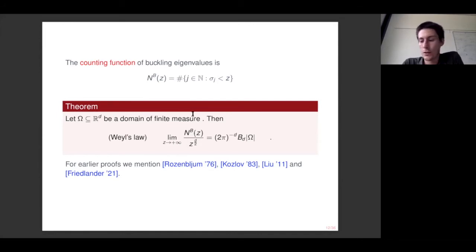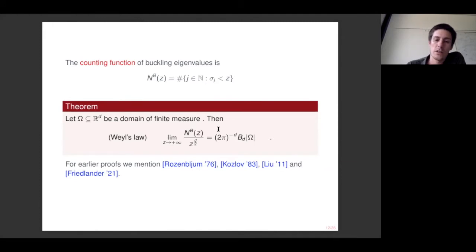And so our aim is first to provide lower and upper bounds for Riesz means which are Weyl sharp, and as a corollary, as an application of the result, we will derive a new and simple proof of this Weyl law for the buckling counting function.